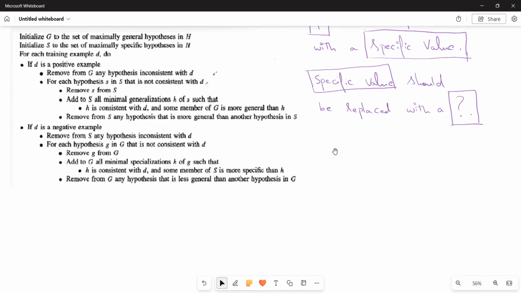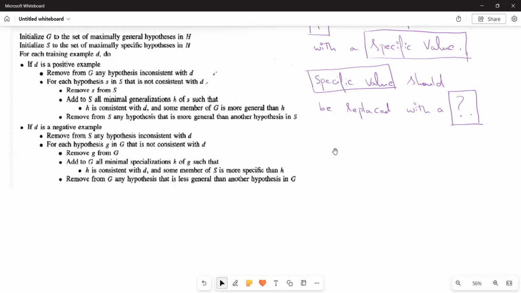If it is consistent, that's fine. If it is inconsistent, we are going to remove it, then go to generic boundary. So we need to consider one hypothesis at a time. We are going to do something different here.